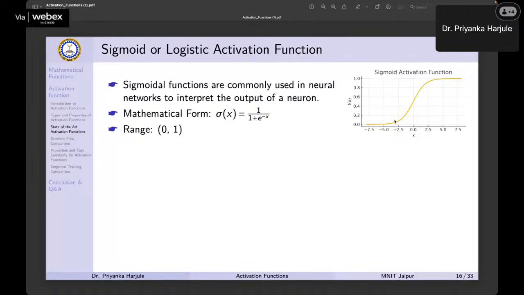Its mathematical formula is one upon one plus e power minus x.